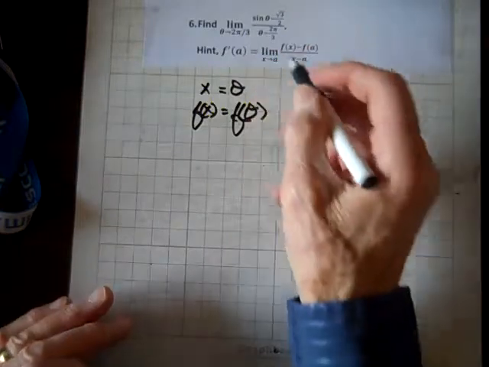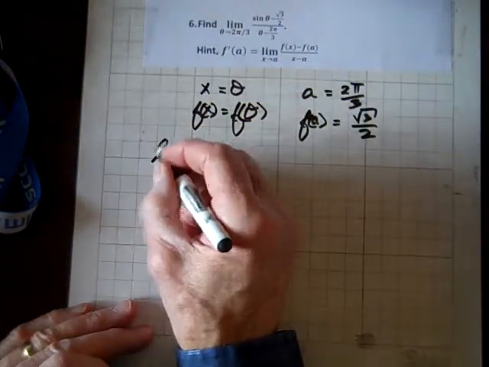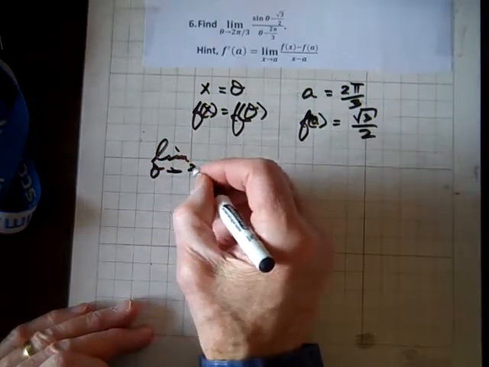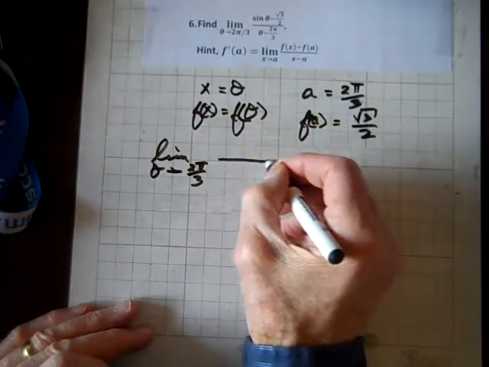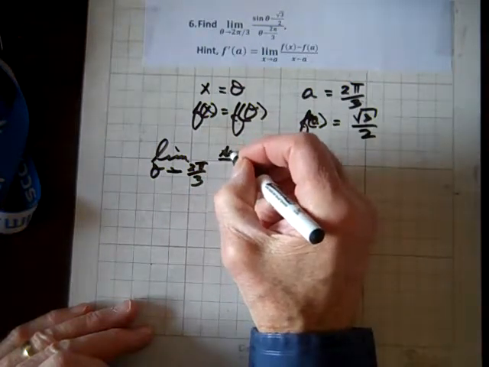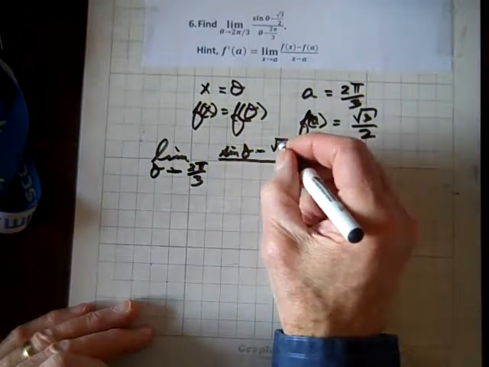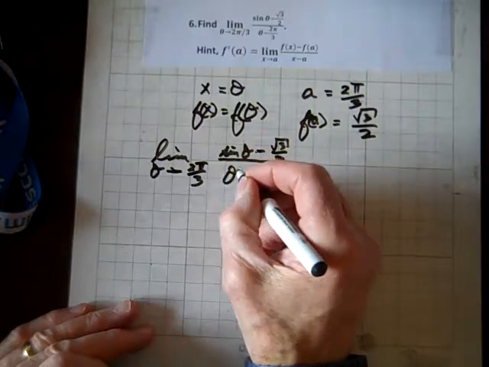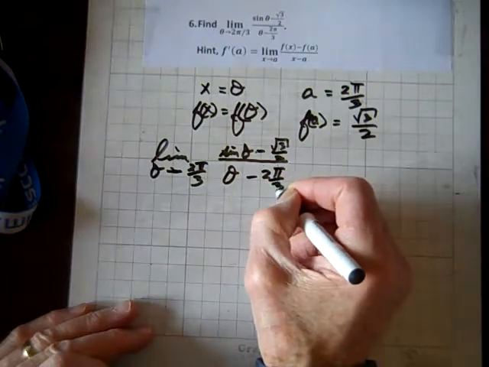So what we have here, what we're given, the limit as theta goes to 2 pi over 3 of the sine of theta minus root 3 over 2, all over theta minus 2 pi over 3.